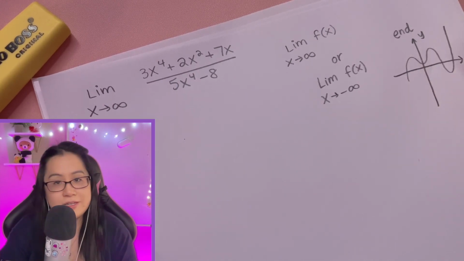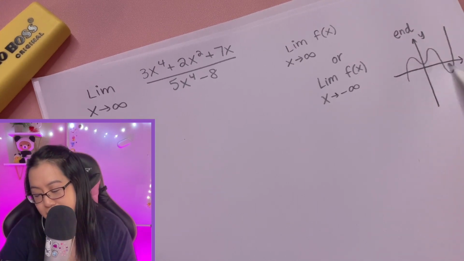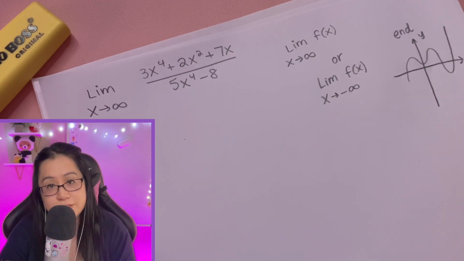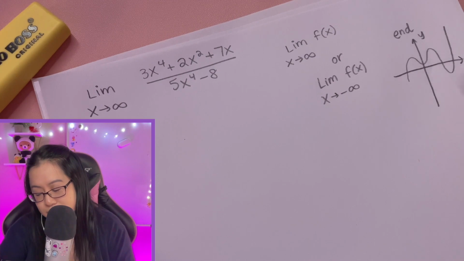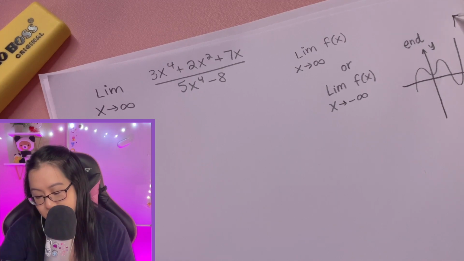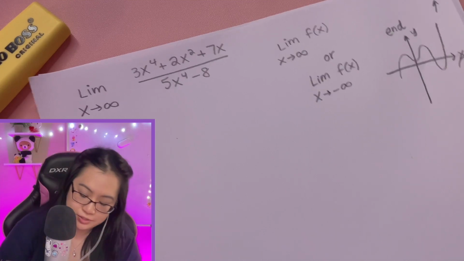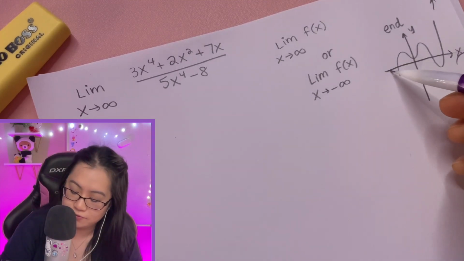But when you look at the end behavior, you're looking at what happens to the graph when the x values get really, really large, infinitely large. So does this thing curve back down and go towards negative infinity? Does it go to positive infinity? Or maybe it starts to approach a particular value. And same thing for negative infinity.